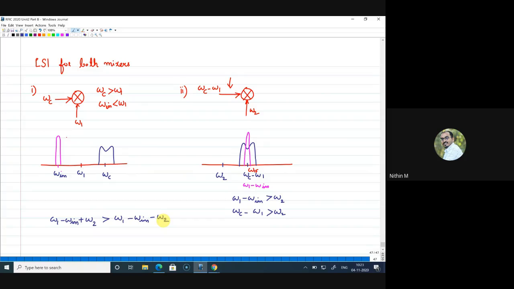That is one understanding. And the second thing is, if omega 1 minus omega IM plus omega 2 is greater than omega 1 minus omega IM minus omega 2, then I can also write omega C minus omega 1 plus omega 2 is greater than omega C minus omega 1 minus omega 2.